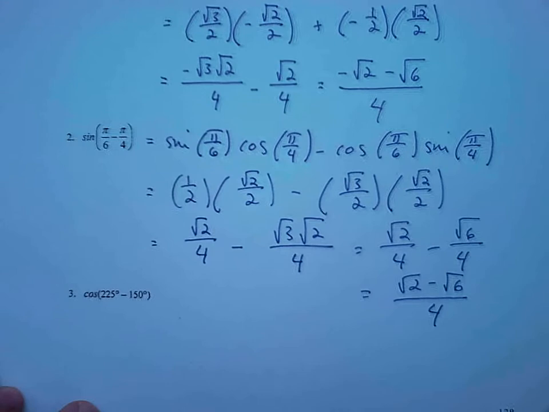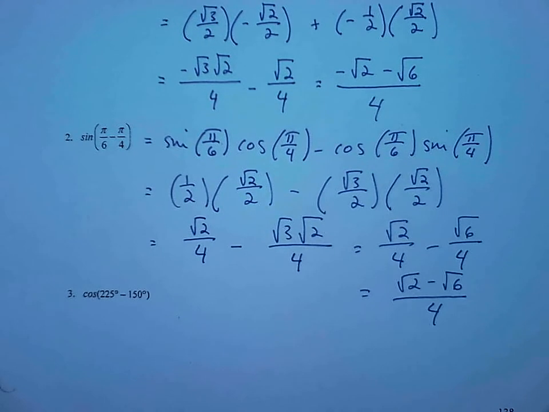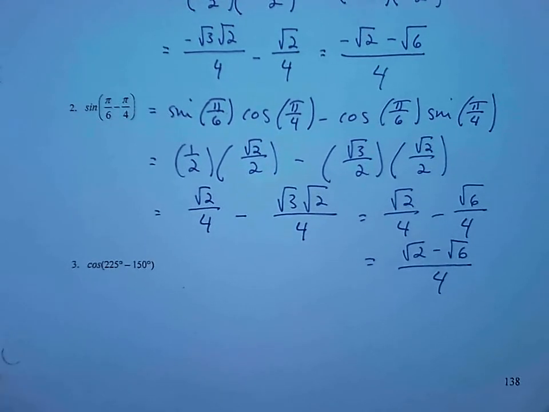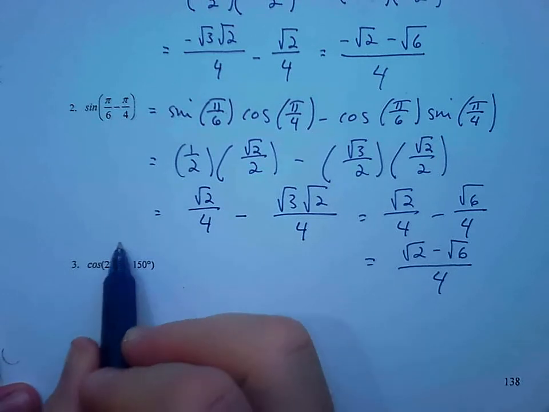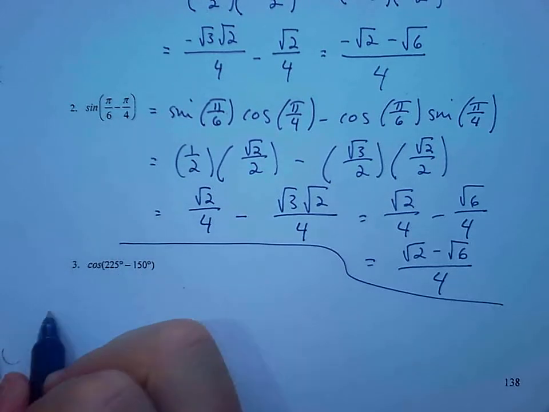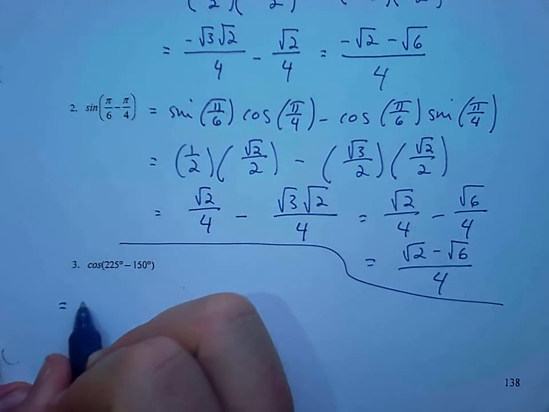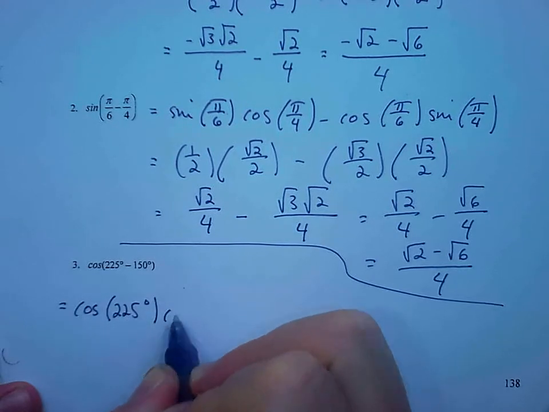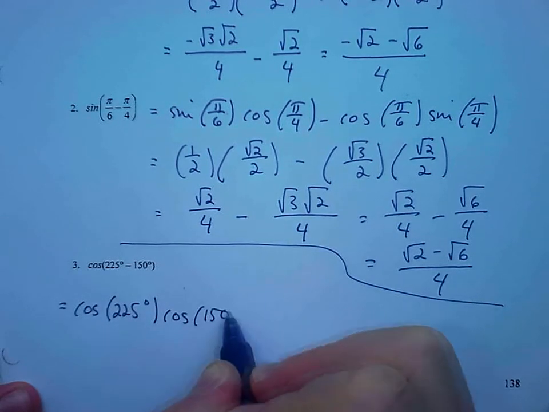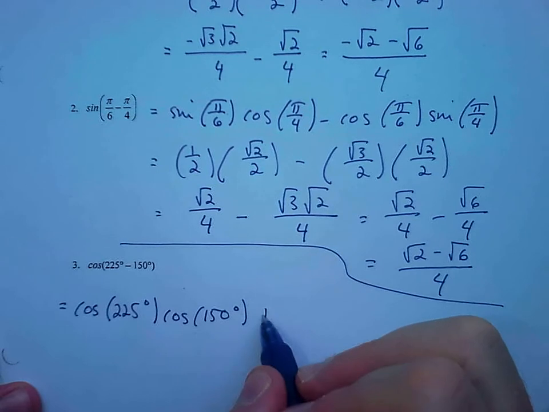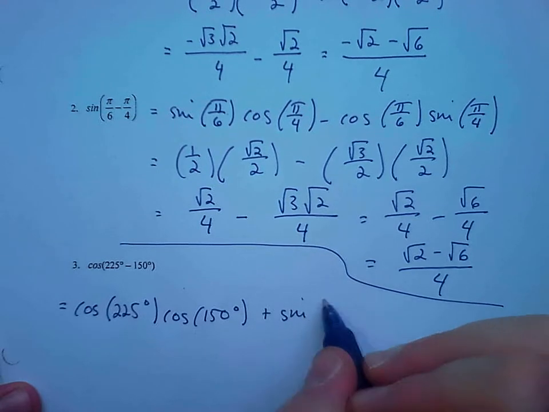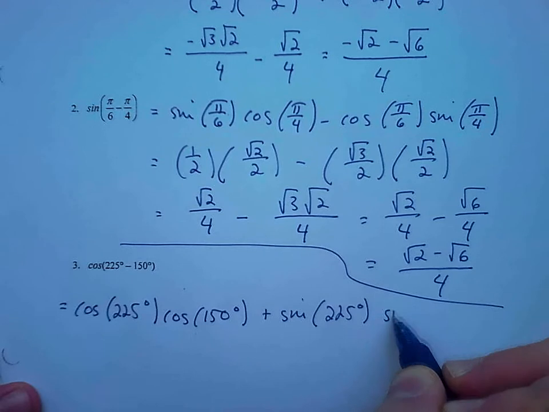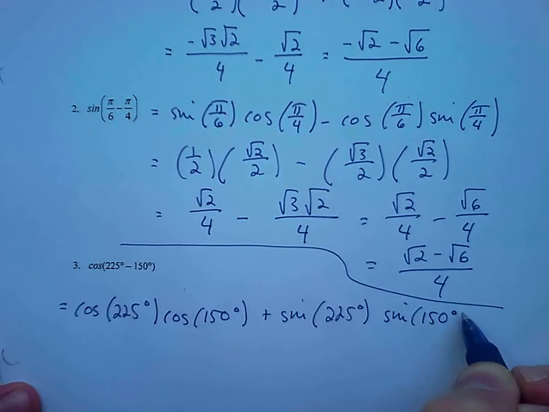Alright. So now for the cosine of 225 degrees minus 150 degrees, this is then the same thing as the cosine of 225 degrees times the cosine of 150 degrees. I'm just using one of the properties that we had above. Plus the sine of 225 degrees times the sine of 150 degrees.